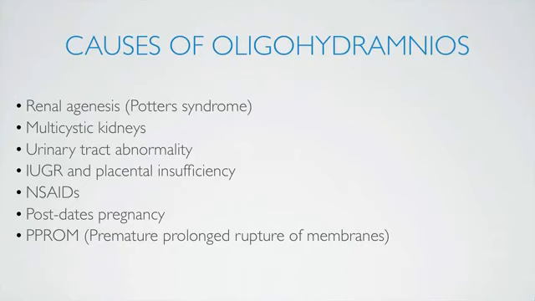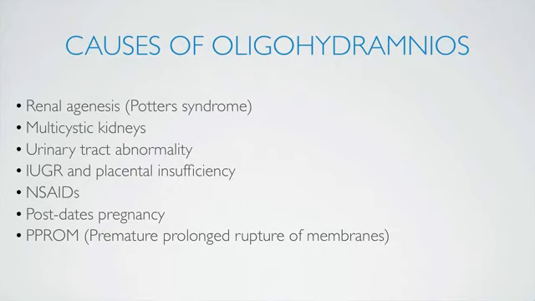The causes of oligohydramnios are many and varied, the most serious of which is renal agenesis, so when there are no kidneys in the fetus. This is incompatible with life and is known as Potter's syndrome. So the fetus has no kidneys, is not producing urine, and so there is no amniotic fluid.